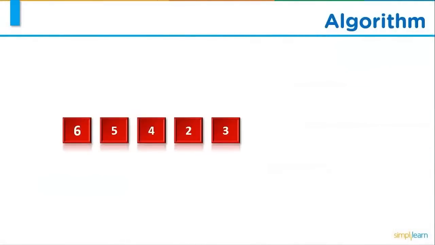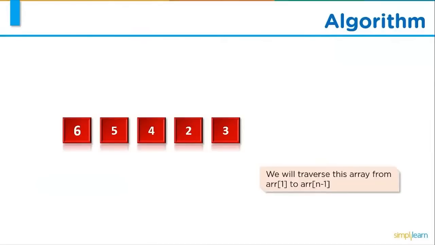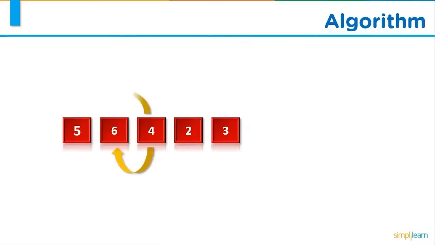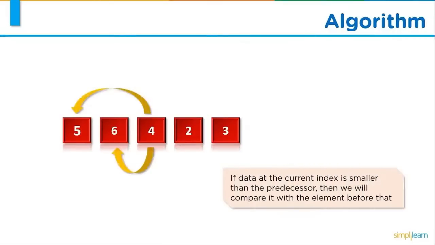Let's say we have an array. We will start with traversing the array from index 1 to n-1. While traversing, we will compare elements at the current index to its predecessor. If the data at the current index is smaller than its predecessor, then we will compare it with the element before that.